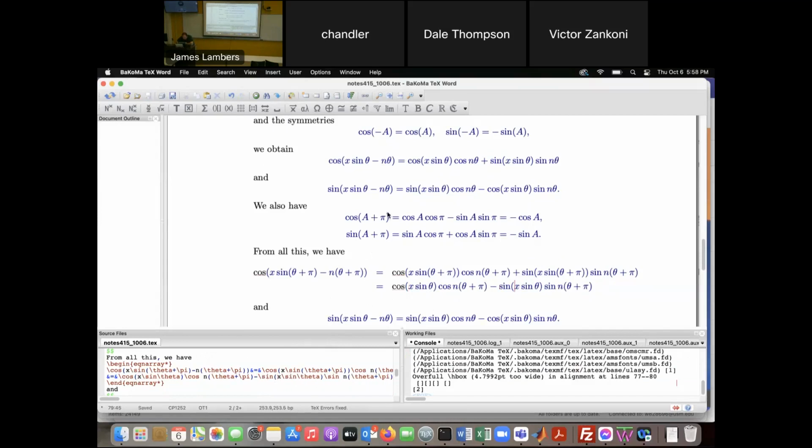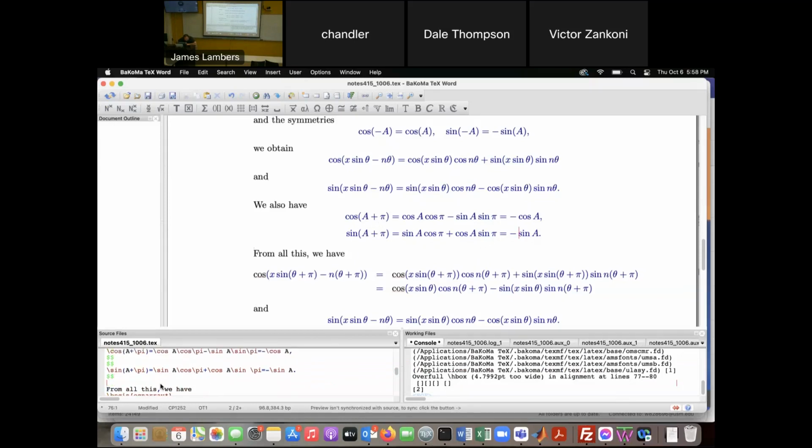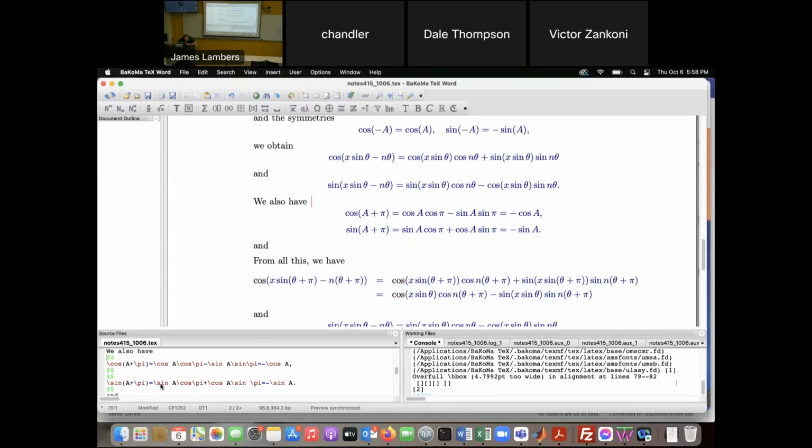Now, here I have cosine of a plus pi, sine of a plus pi, but if I use sine of a plus n pi, okay, that would be a little bit different. I have to work those out. Not just adding pi to the argument, but n pi.